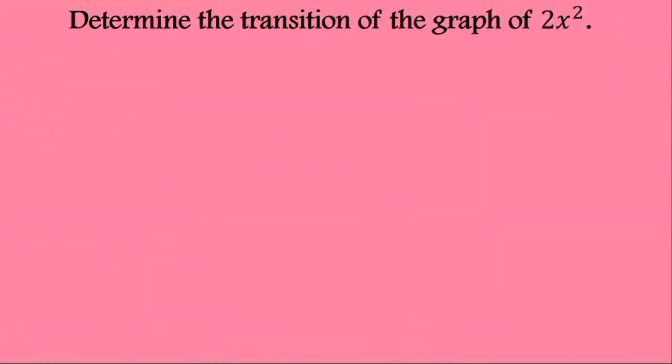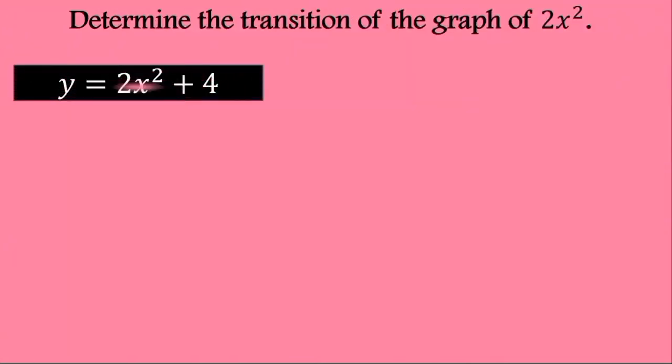So, let's identify the transition of the graph of 2x squared when we have y equals 2x squared plus 4. In order for you to do that, you must identify the vertex first. Actually, this is not necessary, but if you want to be sure with your answer, you can identify the vertex, and the vertex is 0, 4.